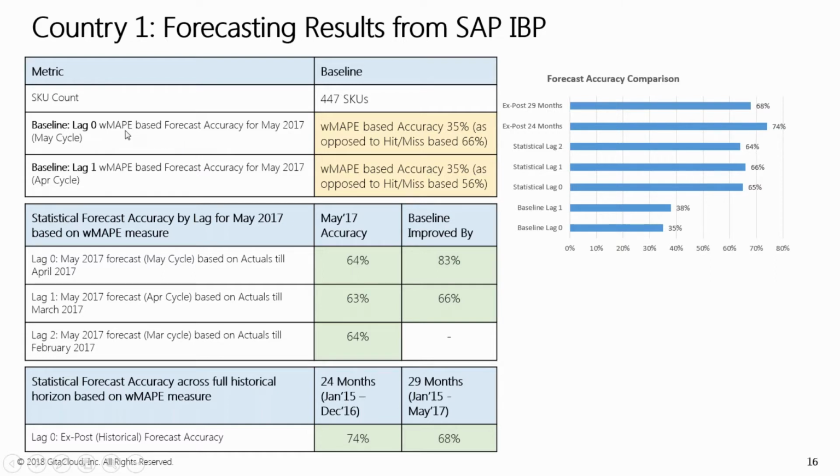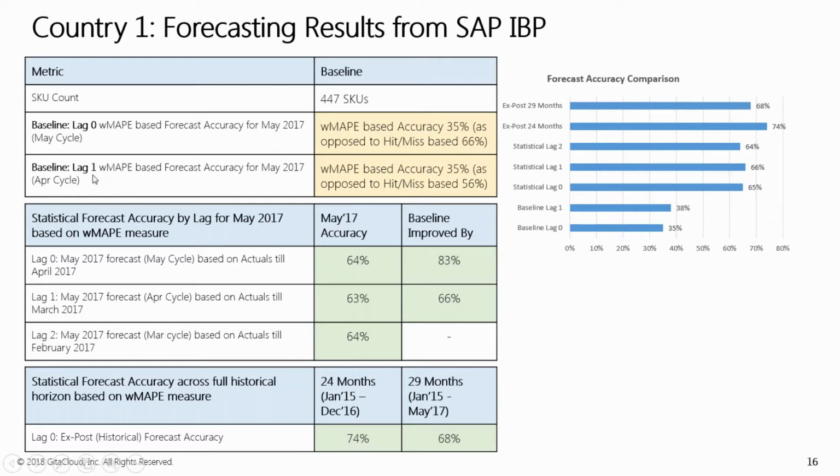So using MAP based forecast accuracy for May 2017. Using hit and miss it is 66%, but when we calculated it the way it has to be calculated correctly, as we saw in the last slide, it was in fact only 35%.